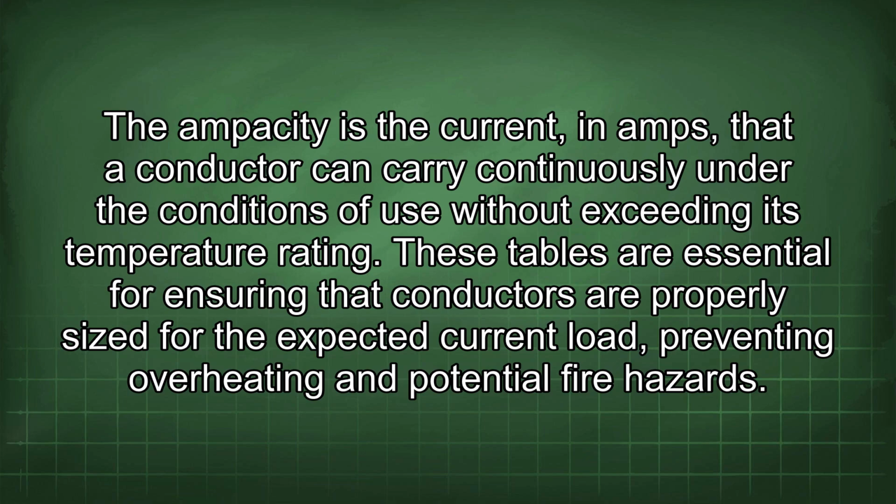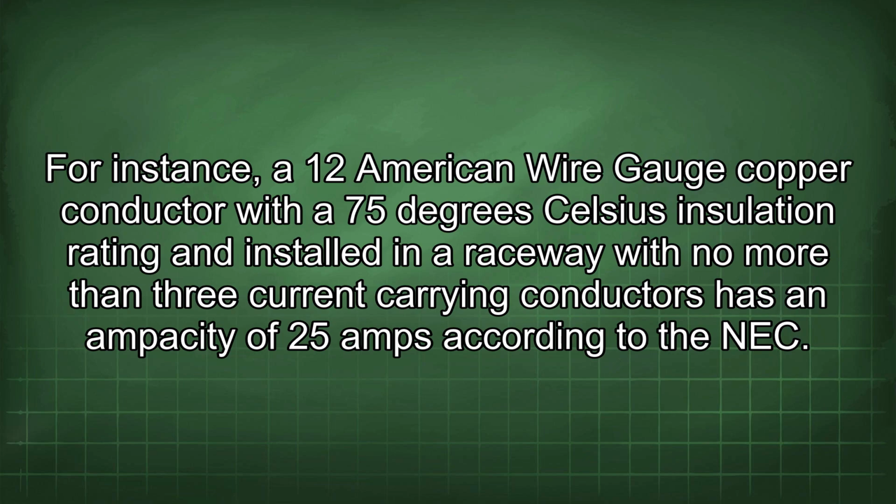These tables are essential for ensuring that conductors are properly sized for the expected current load, preventing overheating and potential fire hazards. For instance, a 12 American wire gauge copper conductor with a 75 degrees Celsius insulation rating and installed in a raceway with no more than 3 current-carrying conductors has an ampacity of 25 amps according to the NEC.